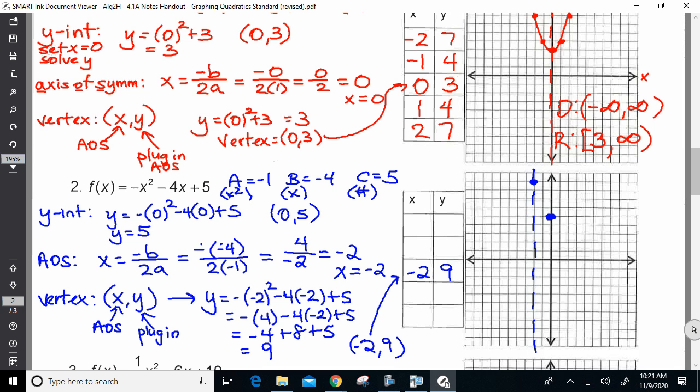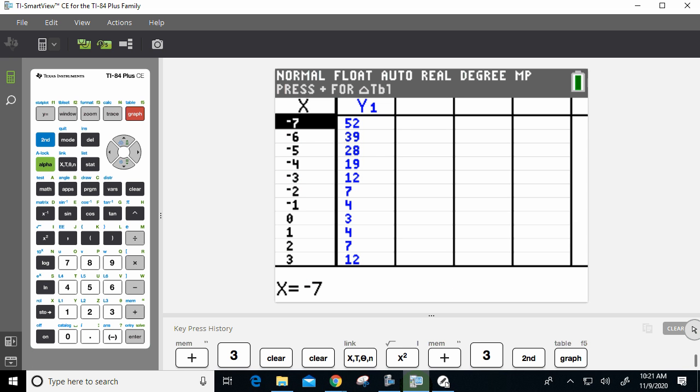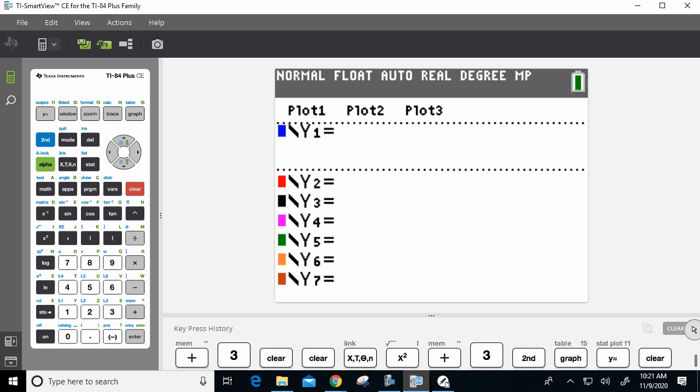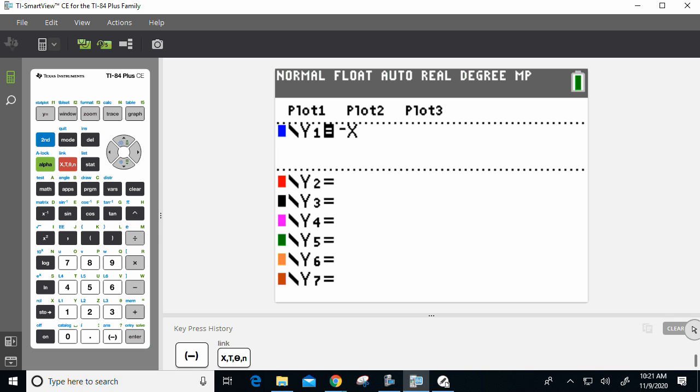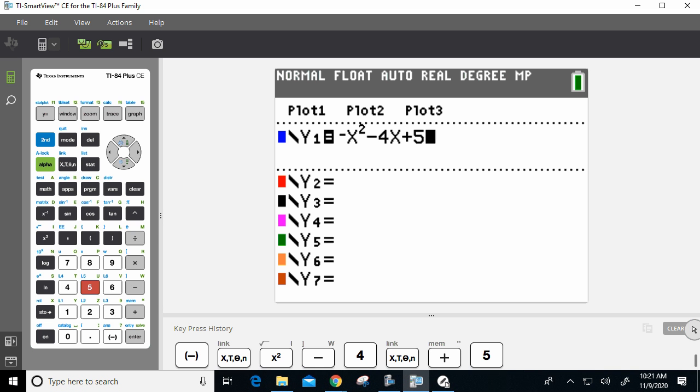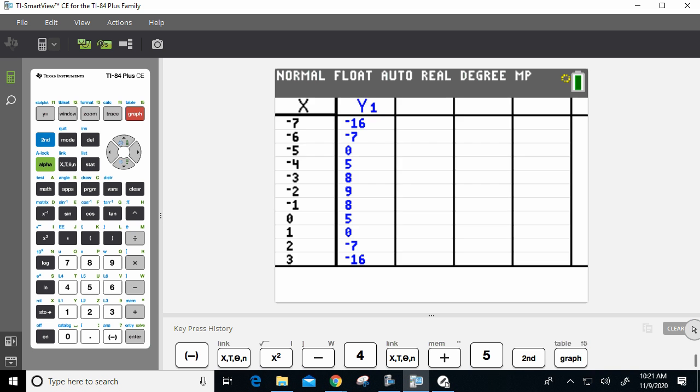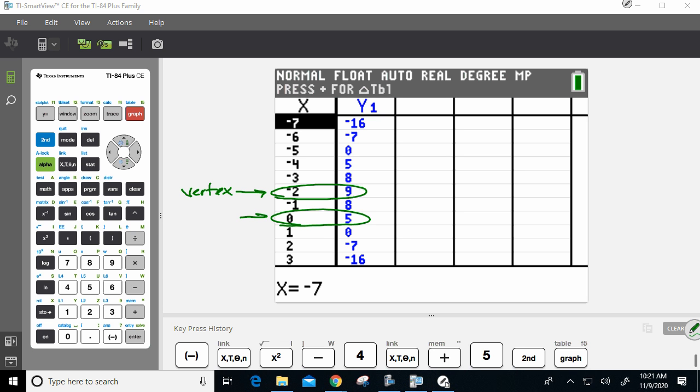All right, so let's keep going. We're going to put the function into the calculator and let it give us the table. Go to y equals negative x squared minus 4x plus 5. Hit second, graph. If you notice, (-2, 9), there's your vertex. (0, 5), there's your y-intercept.